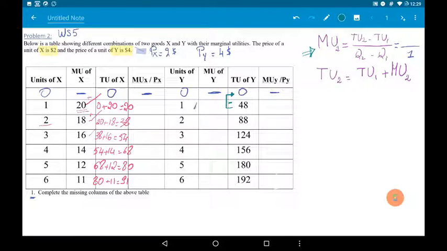So it's 48 minus 0, which is 48. 88 minus 48, which is 40. 124 minus 88, which is 36. 32, 24, and 12.